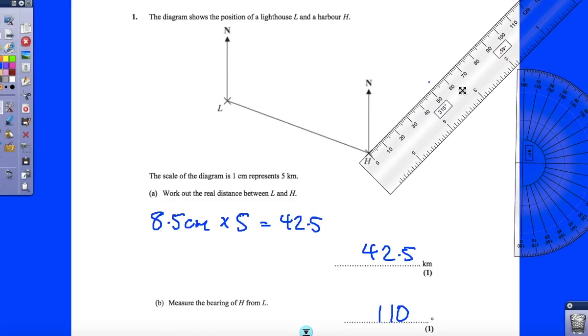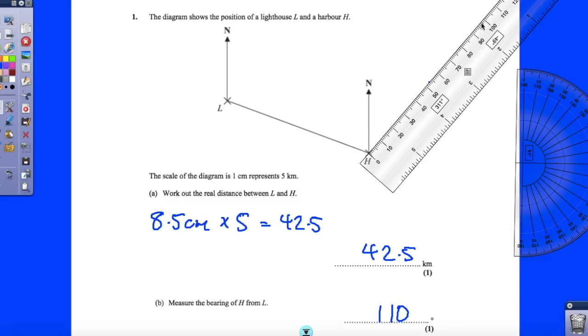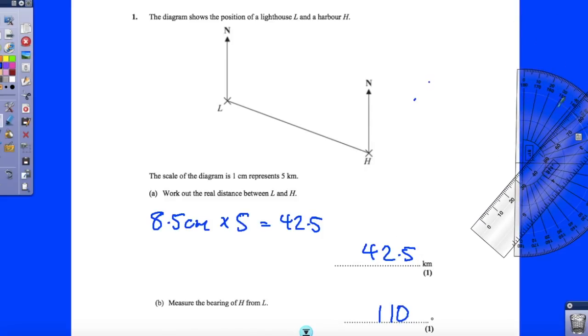And so we need to take our ruler, put the 0 on H, line it up with the dot we've made at 40 degrees, and then make another dot at 4 centimeters. Okay, so that's going to be where B is on our diagram. And we need to mark it with a cross and label it B.